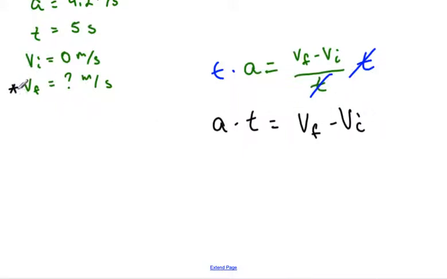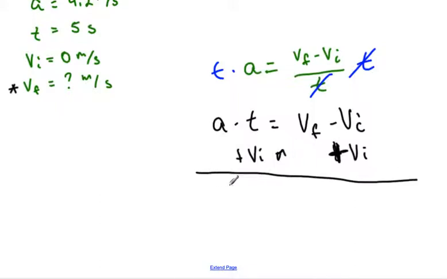This is the one we're looking for. So let's add VI to both sides. So we got A times T plus VI equals my VF.